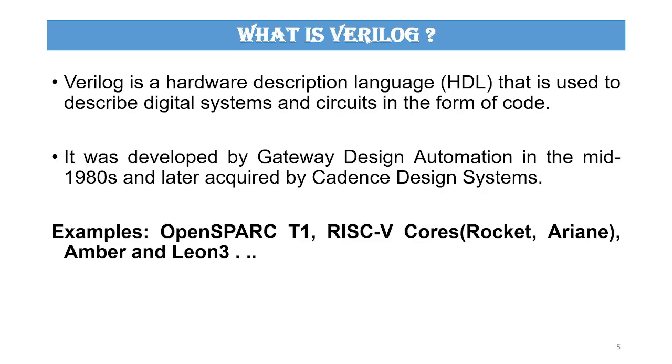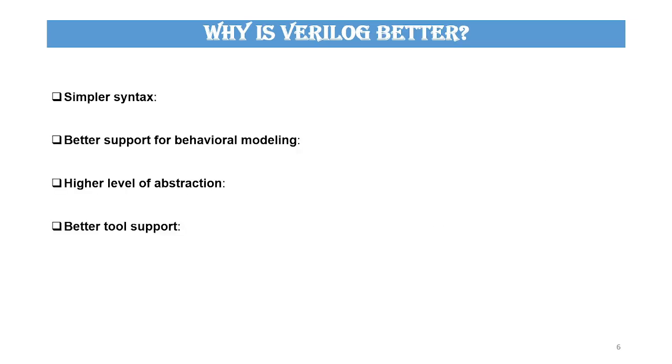First we are going to see what is Verilog. Verilog is a hardware description language. It is used to describe digital systems and circuits in the form of code. It was developed by Gateway Design Automation in the mid-90s, and later it was acquired by Cadence. Why are we using Verilog, and what is the advantage?